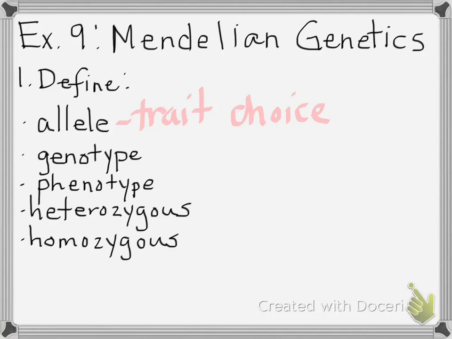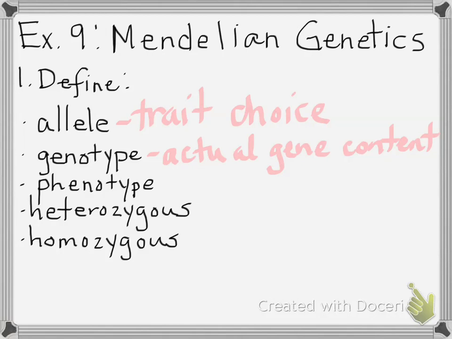Okay, genotype is actual gene content. Now, when we do genotypes, we use letters. The capital letter stands for the dominant allele, and the lowercase letter stands for the recessive allele.